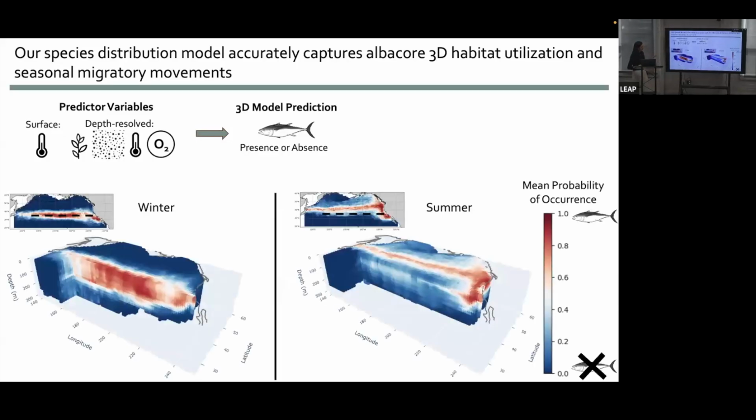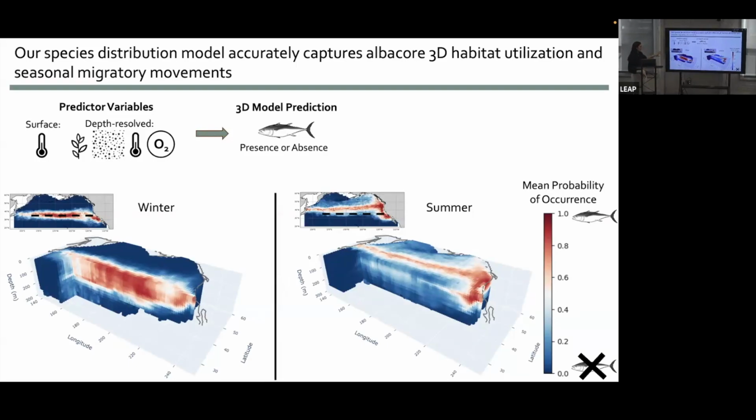So here we are looking at modeled probabilities of occurrence in winter on the left and summer on the right. Again, red colors indicate a higher probability of fish presence, which serves as a proxy for optimal albacore habitat. Again, some notable patterns emerge here that also align with observations from the fish data.